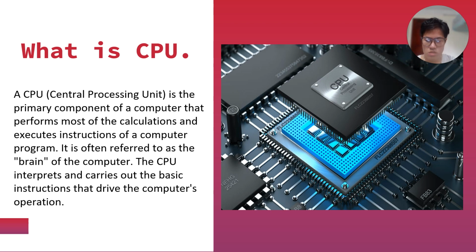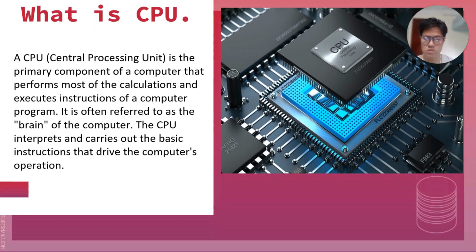The CPU works in conjunction with other components of the computer, such as memory, storage devices, and input-output devices, to carry out the computation and manage the flow of data in the system. It plays a crucial role in determining the overall speed and performance of a computer.